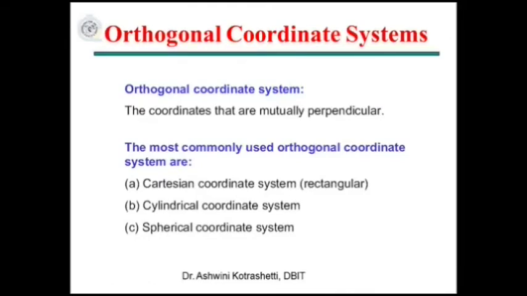Well, the answer is a particular coordinate system is usually chosen to best suit the geometry of the particular problem under consideration. For example, if I'm dealing with a problem of a spherical object, then it's convenient for me to work in spherical coordinate systems rather than cylindrical or Cartesian.